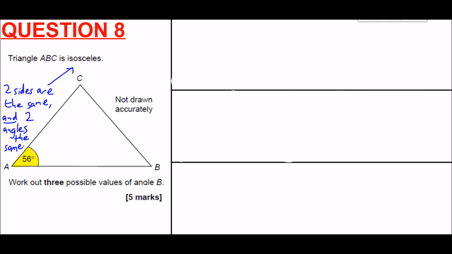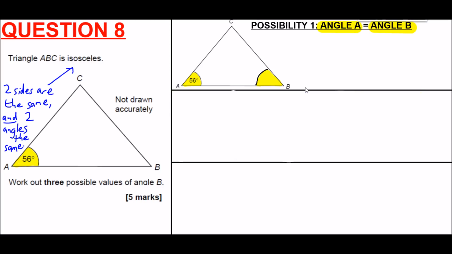So let's have a look at what I would think is maybe option 1. Possibility 1, angle A is the same as angle B. That would be an isosceles triangle if the two bottom ones are equal. And so if that were the case, this one's 56 degrees as well. Because we're only interested in possible values of angle B, in this scenario angle B would be 56 degrees.